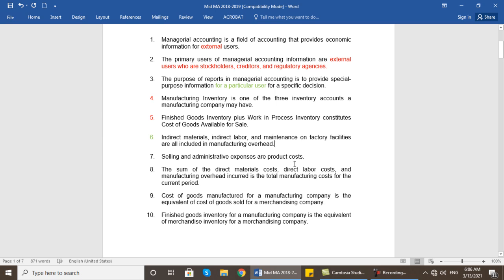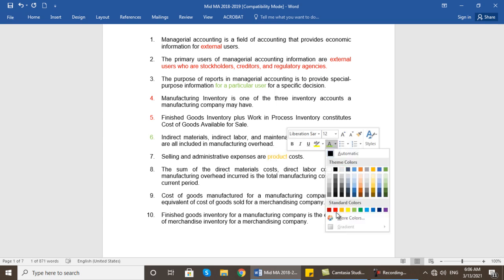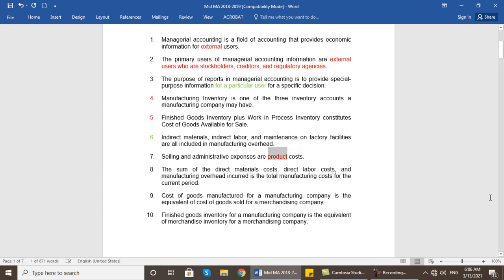It's wrong. Number 7 is wrong, because selling and administrative is period cost, not a product cost.